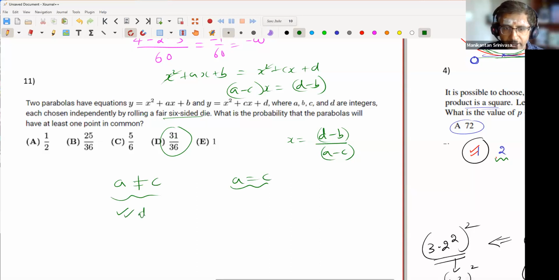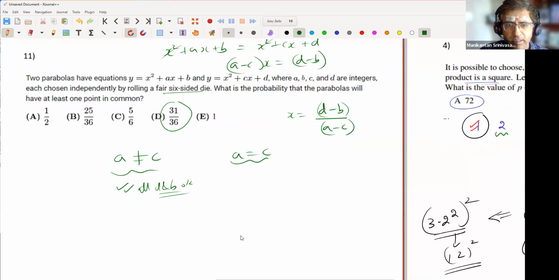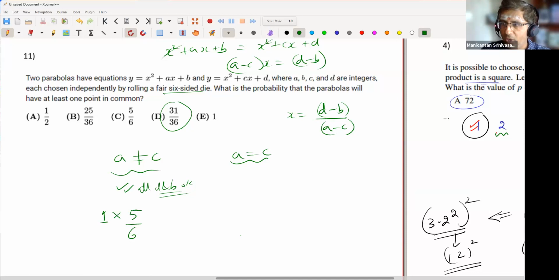So all d and b are okay with me. So what is the probability that a and c will not be equal? A can be any value with probability one, and c should not be that particular value. So with 5/6 probability, a will not be equal to c, in which case I'm okay accepting any d and any b.